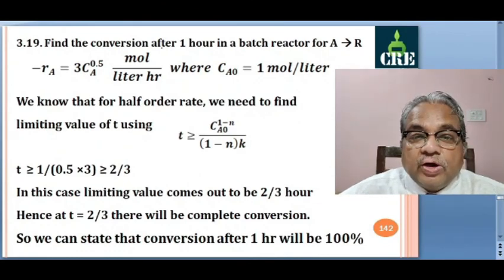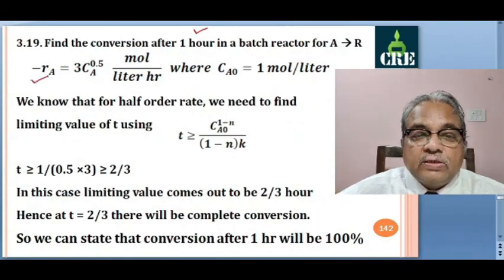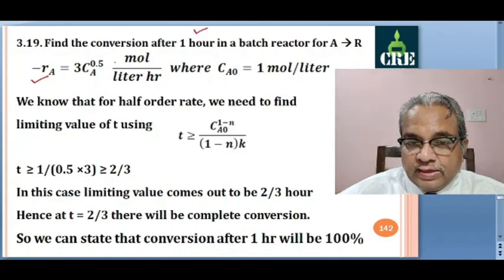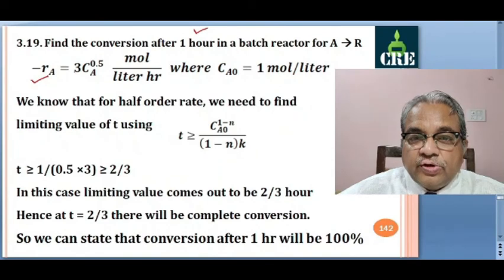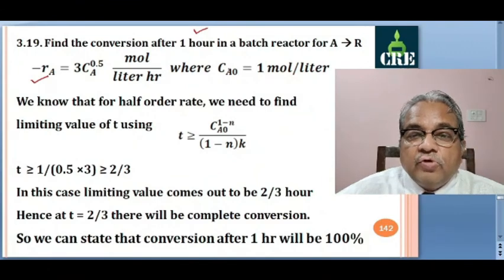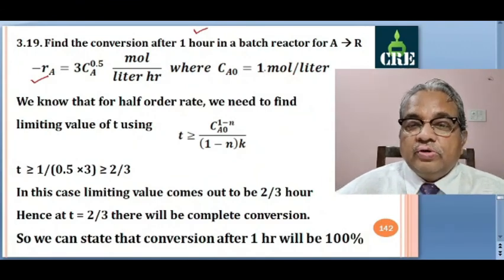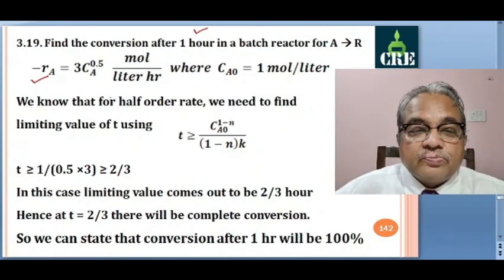3.19. Find the conversion after 1 hour in a batch reactor for the reaction A gives R. The rate law is given: minus Ra is equal to 3 into Ca raised to 0.5. So N is 0.5, which is less than 1. K is 3. Rate is expressed in moles per liter per hour, where Ca0 is given, which is 1 mole per liter.